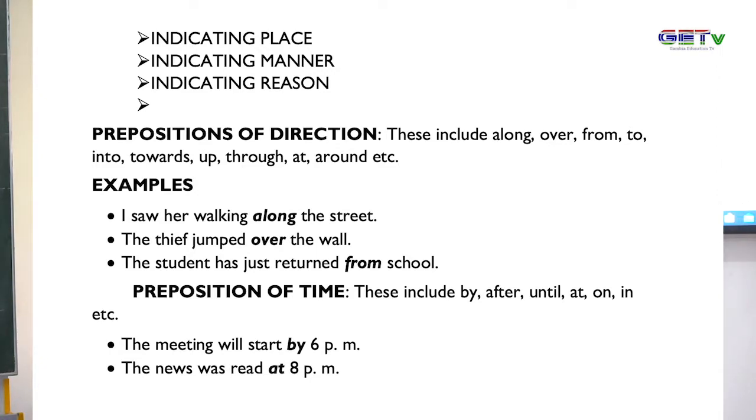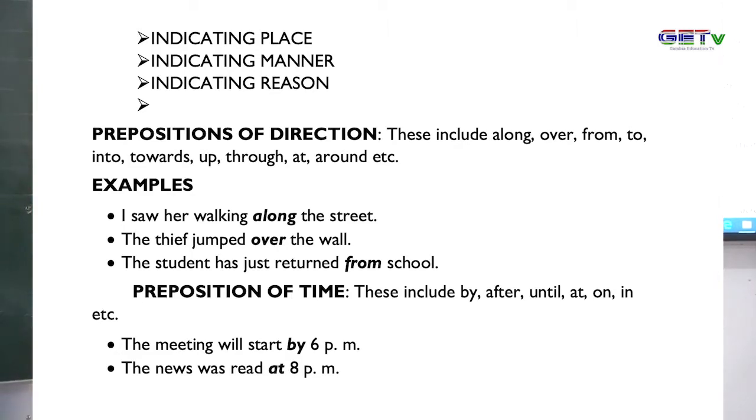Now we are moving on to the different roles or functions they do in sentences. Good. Let's start. We're going to start by looking at prepositions of direction. These include over, along, from, to, into, towards, up, through, at, around, etc. These are examples of prepositions that show direction.